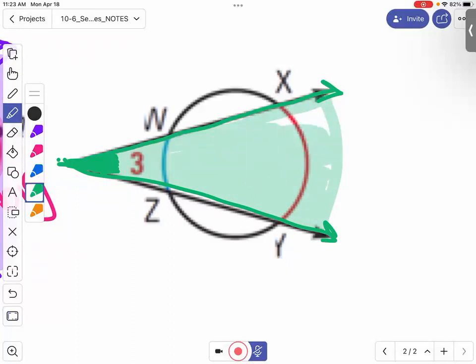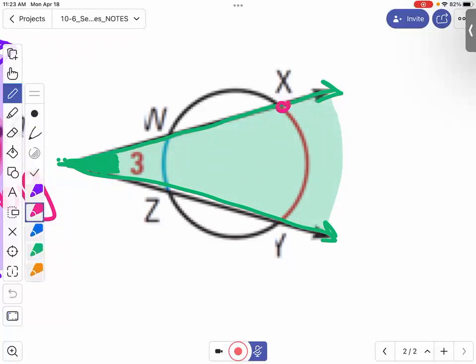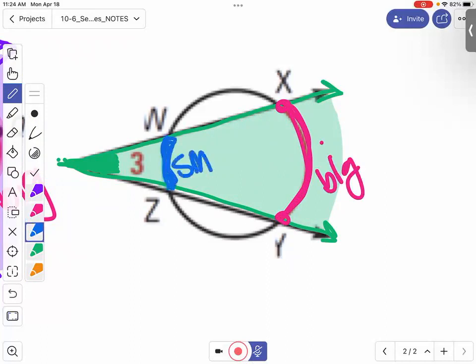So that is this whole space. And again, I will have a big arc, arc XY. Doesn't necessarily mean it's a major, it's just bigger, it is farther away. And I'll still have a small arc, which will be closer to your angle.